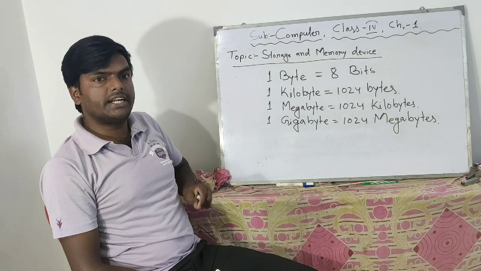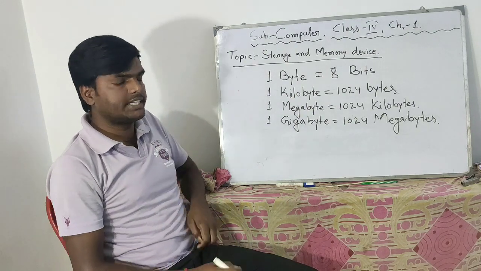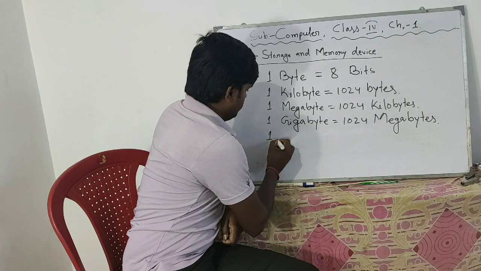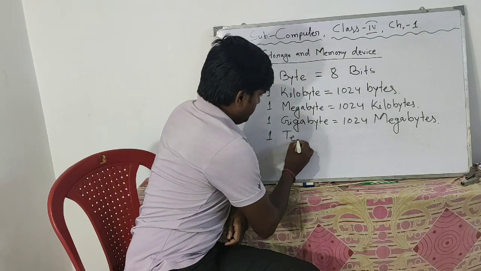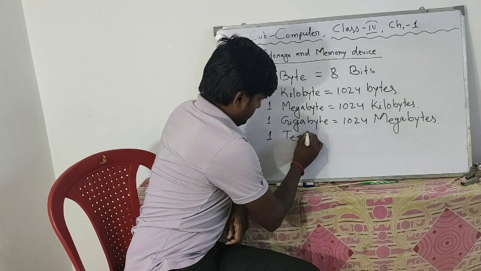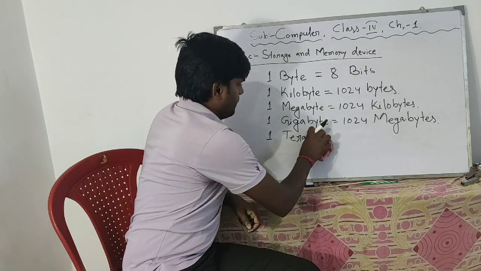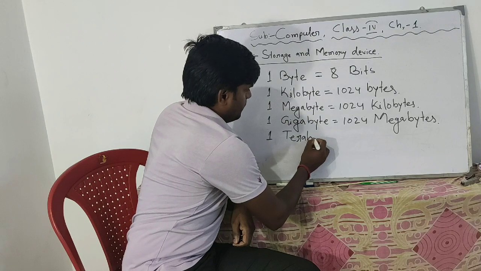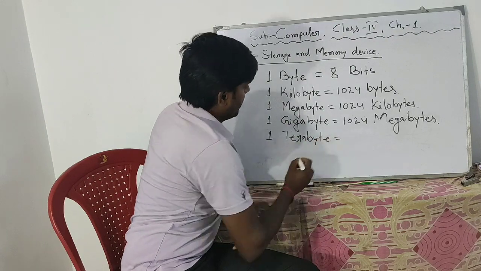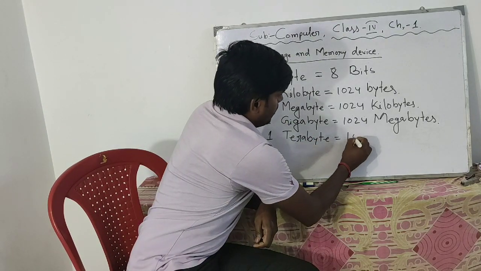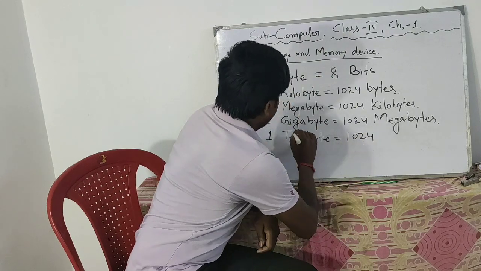Okay, next it will come terabyte. The short form is TB. Okay, terabyte. Terabyte equal to 1024 gigabytes.